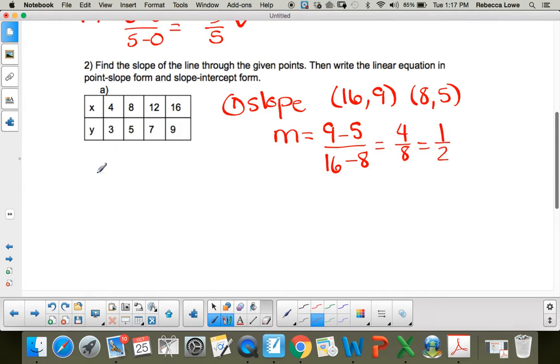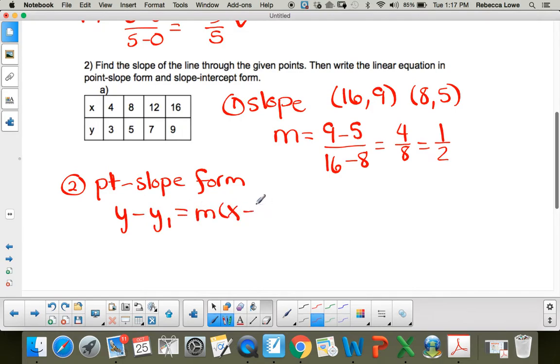So I know the slope. I don't know the y-intercept, but I know lots of points. So I am going to write the equation in point-slope form. There are lots of point-slope forms because I can use any point I want. Point-slope form is y minus y1 equals m times x minus x1. Just pick a point that you want to use. I will again use (16, 9).